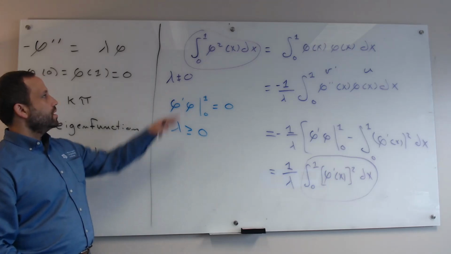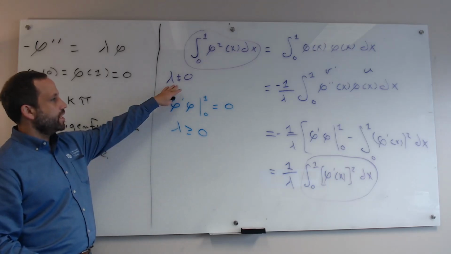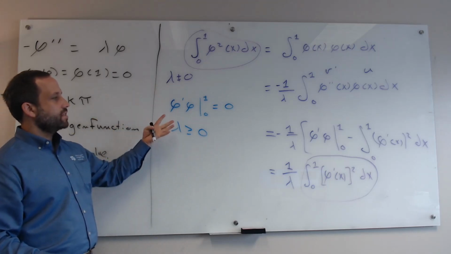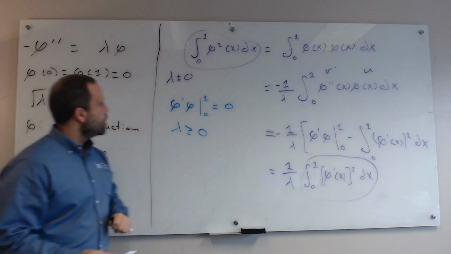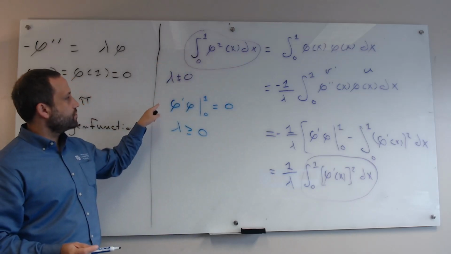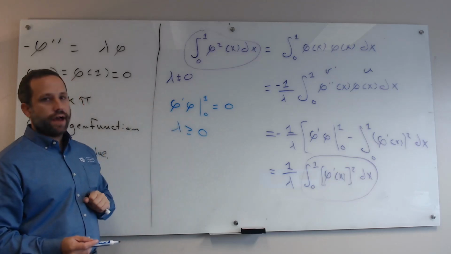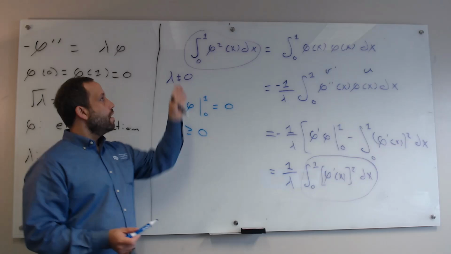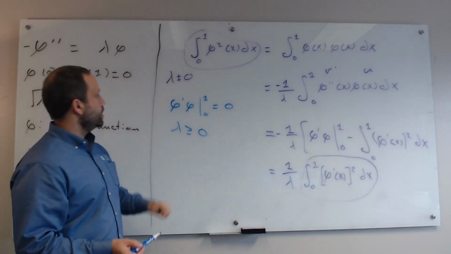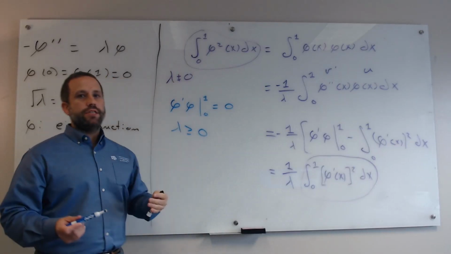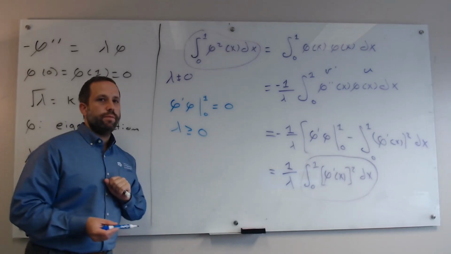Okay, because if we don't have this assumption here, then we can't make that assumption. But this argument right here shows that if phi satisfies a boundary condition like this, then the eigenvalues have to be greater than or equal to 0. This argument shows it has to be greater than 0, and then we have to allow the possibility that in certain circumstances it could be equal to 0.